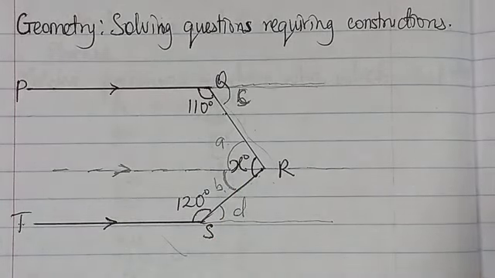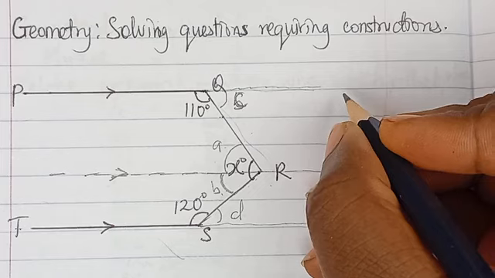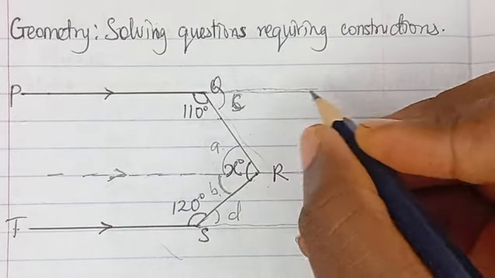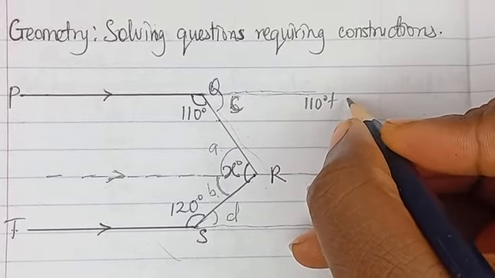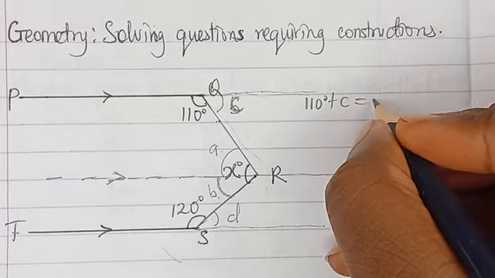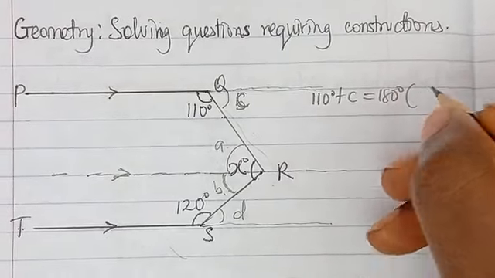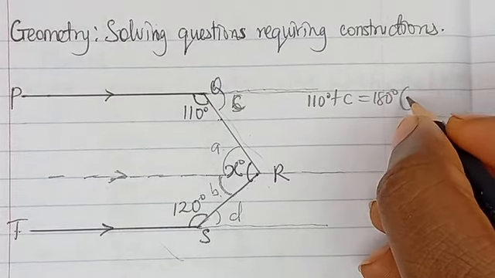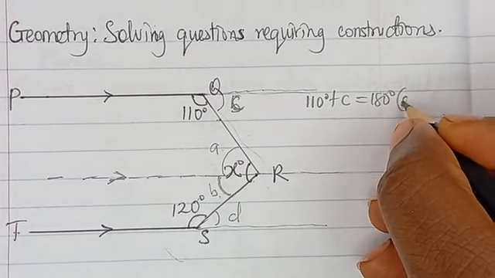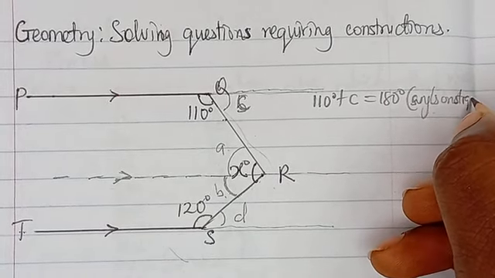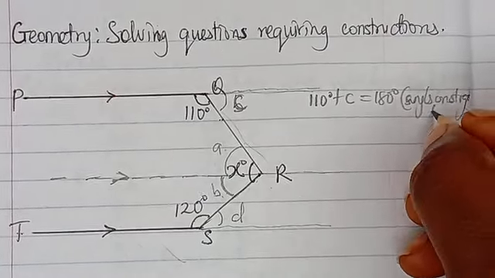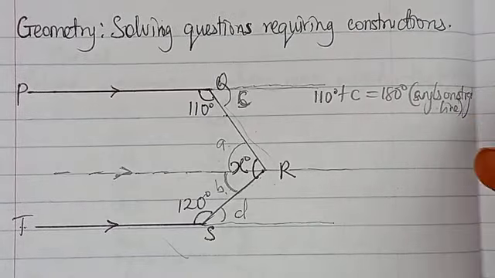So quickly, we have that angle C, or 110 plus angle C, is equal to 180 degrees, and our reason is angles on a straight line.